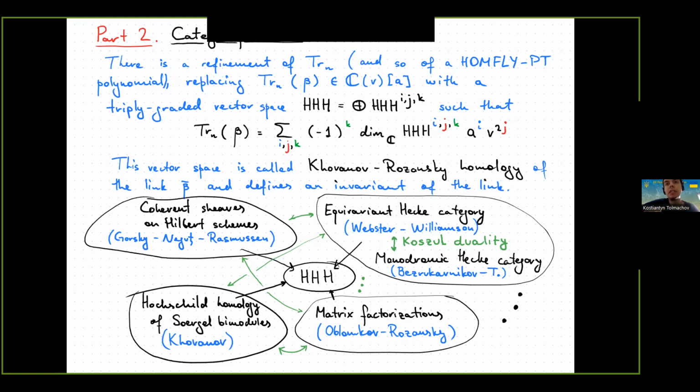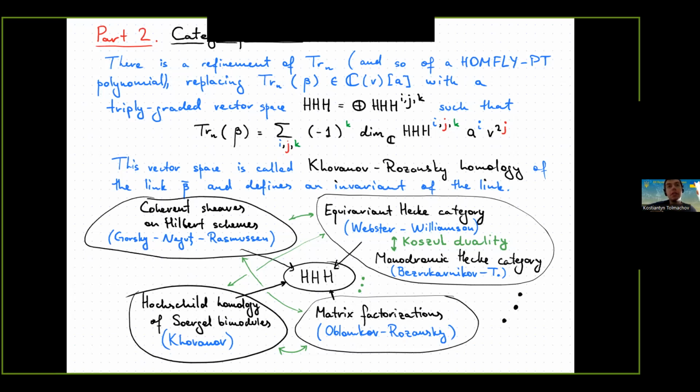Well, this is a triply graded vector space, so this is a sum of its graded components, the numbers of which I denote I, J, and K. And by categorification, I mean that you can recover your Laurent polynomial, the Jones-Ocneanu trace, taking Euler characteristic or Poincaré polynomial and Euler characteristic in one of the variables.